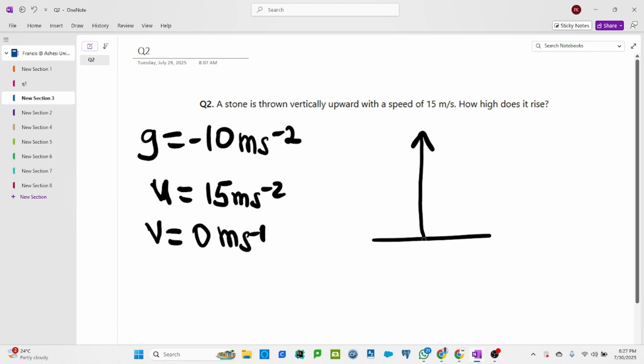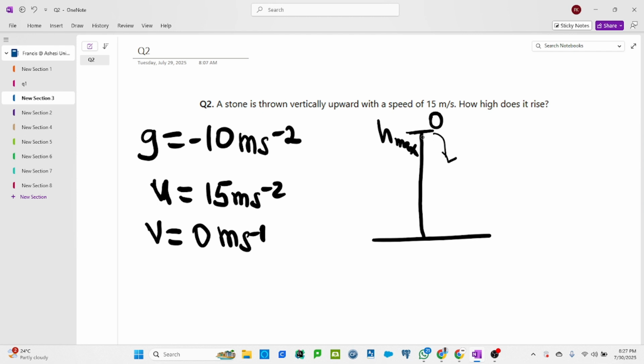Sure. So if it goes up, it gets to a point where it stops and begins to return. That point is called the maximum height, how high the highest that it can go. We can call it H max. At that level, all the velocity that you have given it has finished, so it has all gone to zero.